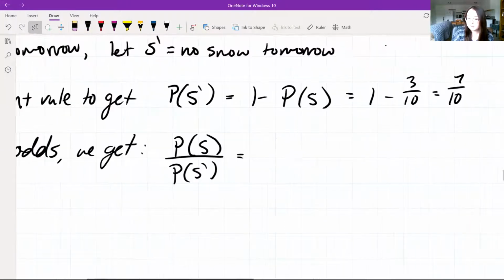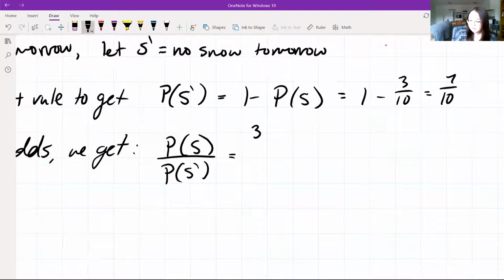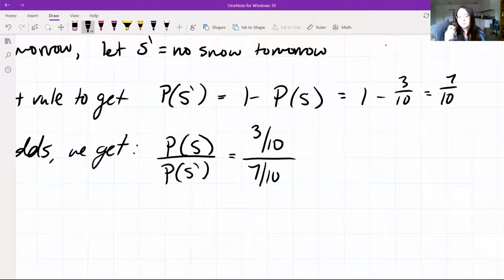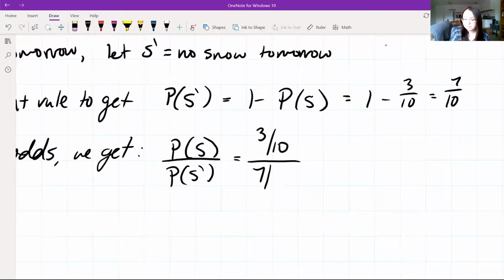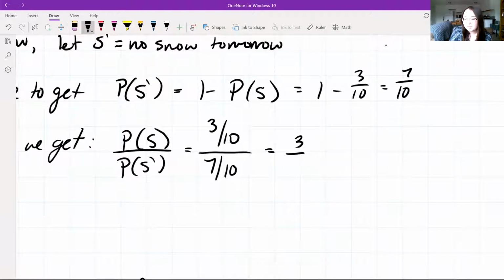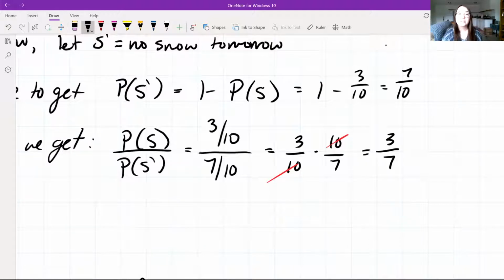And we know that this is going to be 3 over 10 divided by 7 over 10. We can just take our numerators and call it a day, but let's simplify this out first. When we divide by a fraction, that's like multiplying by its reciprocal. And our 10s cancel, and we're left with 3 over 7.